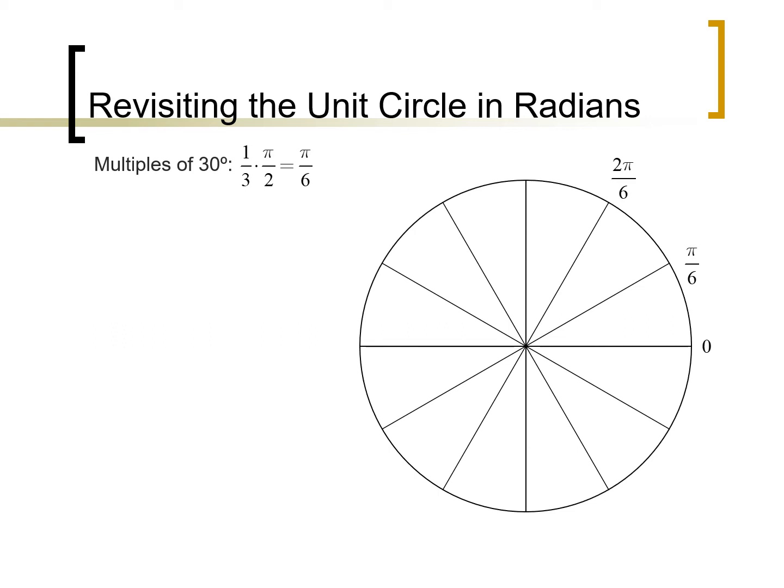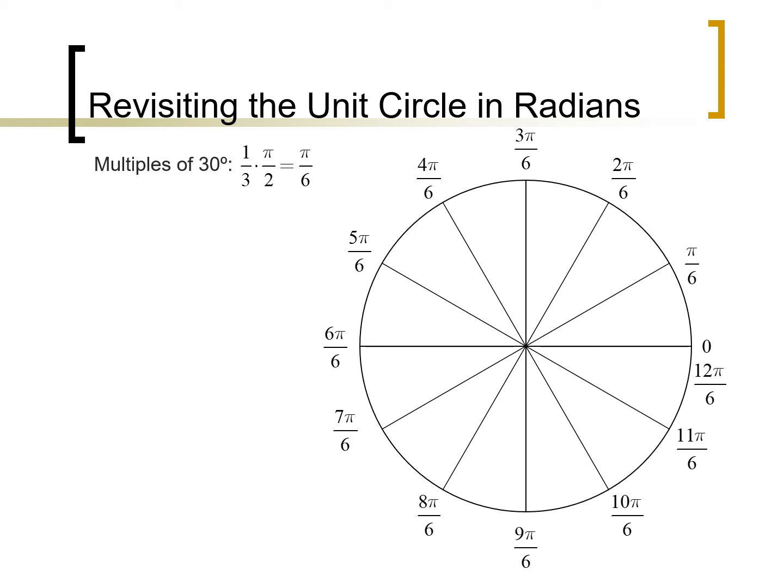My next angle over here, 2 pi over 6 plus pi over 6, 3 pi over 6. This is actually pretty easy. 4 pi over 6, 5 pi over 6, 6 pi over 6, 7 pi over 6, 8 pi over 6, 9 pi over 6, 10 pi over 6, 11 pi over 6, 12 pi over 6.